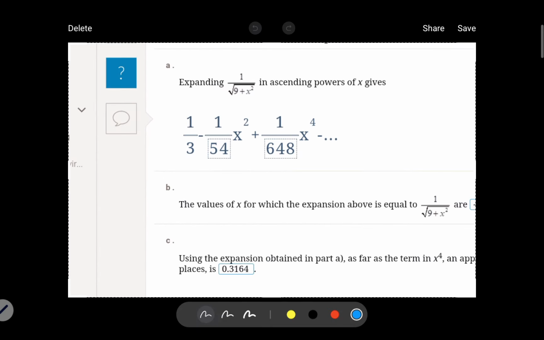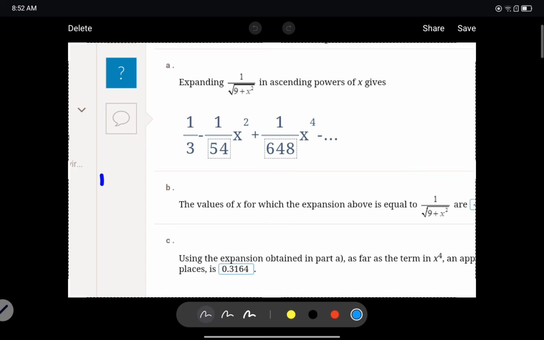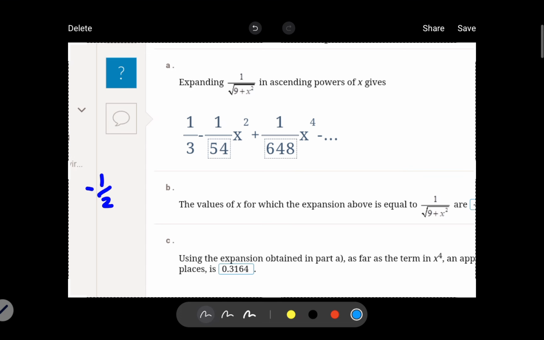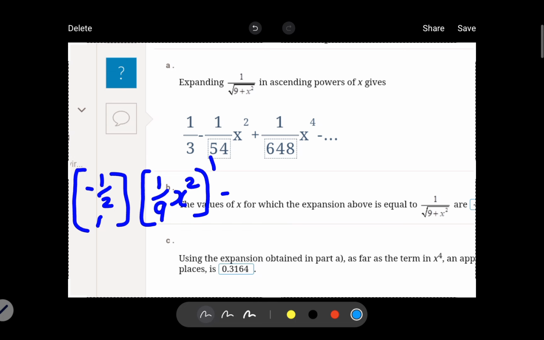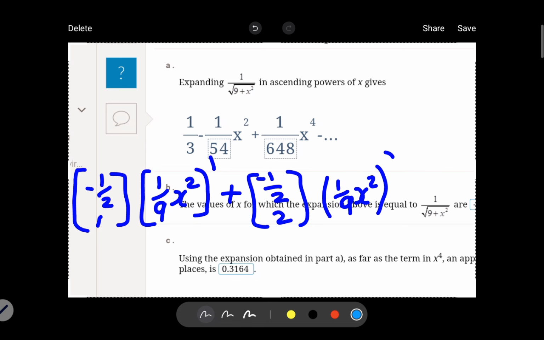We were saying that, okay, we already finished from negative 1 over 2, 0. So negative 1 over 2, 1. And then 1 over 9 x squared to the power of 1 plus negative 1 over 2, 2 to the power of, and then 1 over 9 x squared to the power of 2.